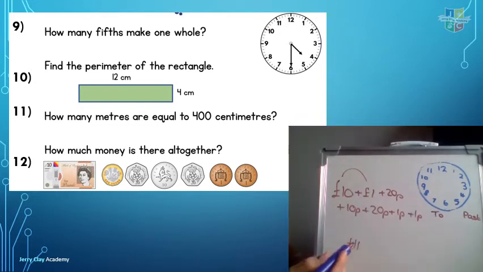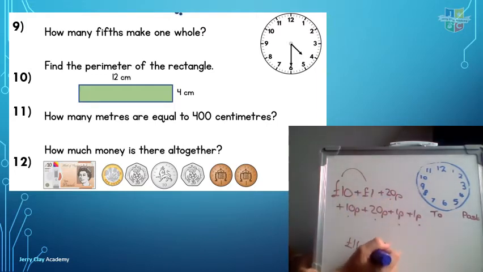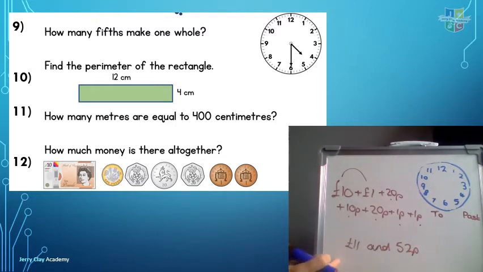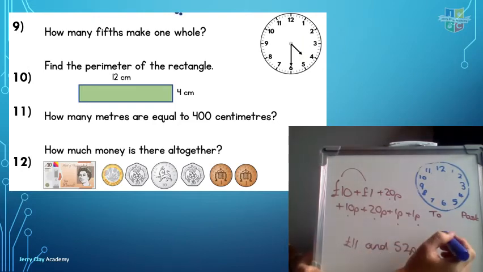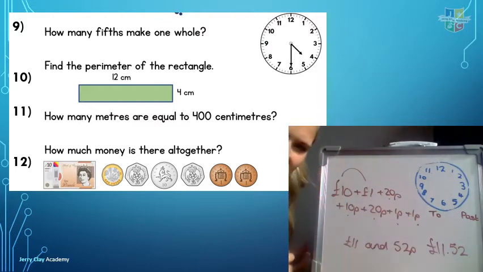I then want to add my pence, so I've got 20, 40, 50, if I'm adding 20 and 20 and 10 is 50, add 1, 51, add another one, 52 pence. So it should have been £11 and 52 pence. Now you could have also written 11, your decimal point, 52, and you didn't need the pence sign.